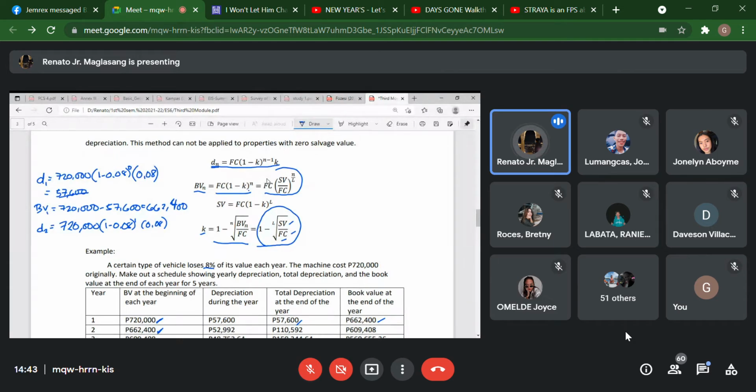Okay, so for the second year, since this will become 2 minus 1, it should be 1. So that's why you have 52,992. Okay, so you have the depreciation in the second year.